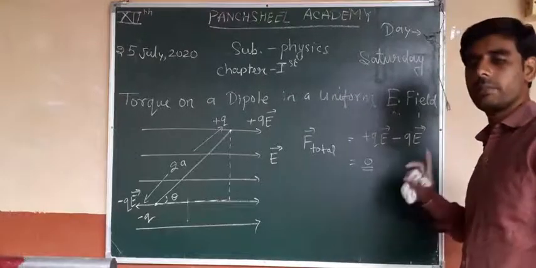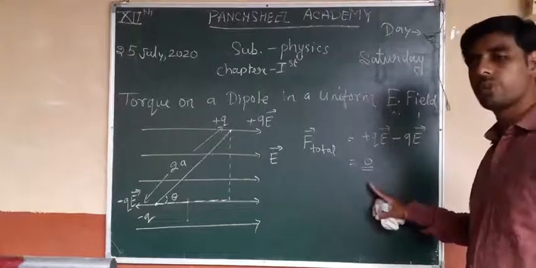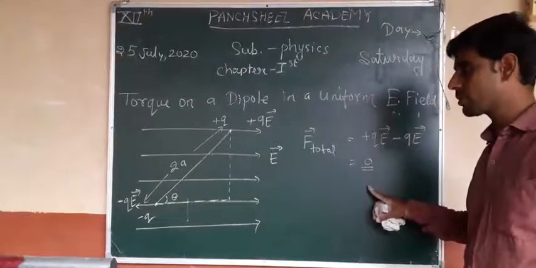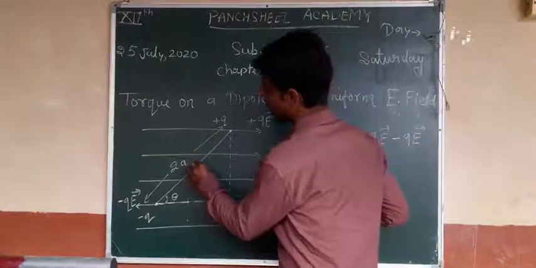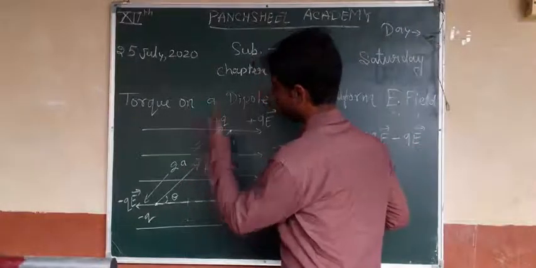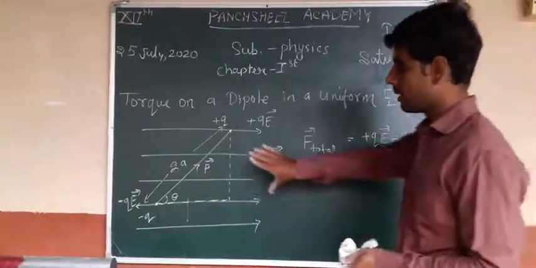But there is some electric torque. Resultant force is 0, or total force is 0, but there is some electric torque, and this electric torque we will find.